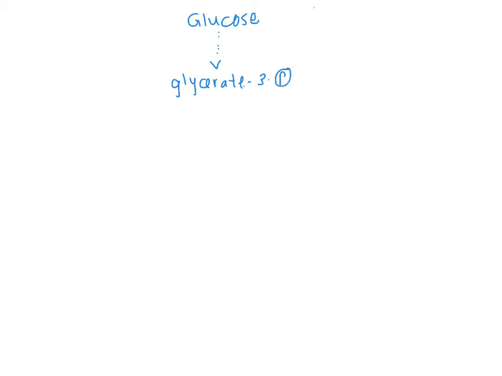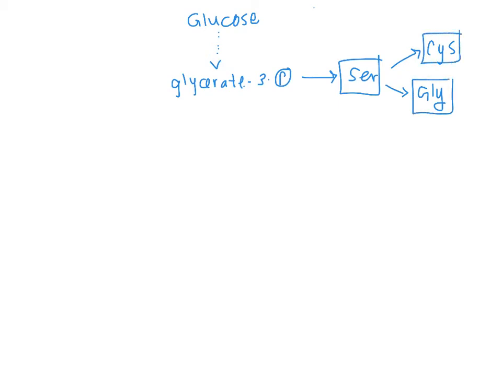Glycerate 3-phosphate is the starting point for serine, and then serine branches off to give us cysteine and glycine. Okay, so those are three non-essential amino acids. Again, they're non-essential because your body has pathways to make them.